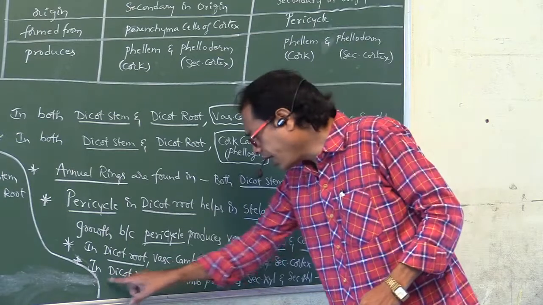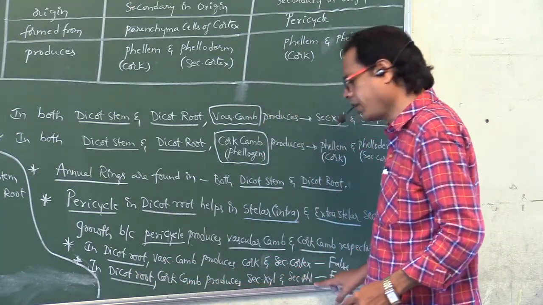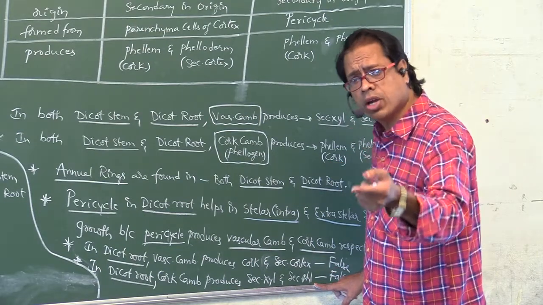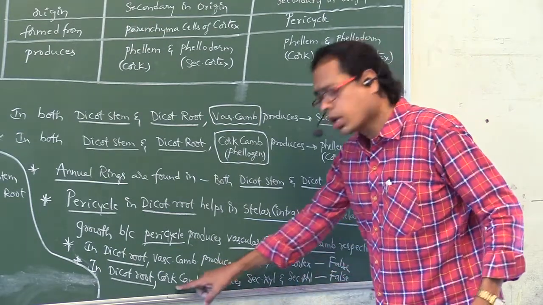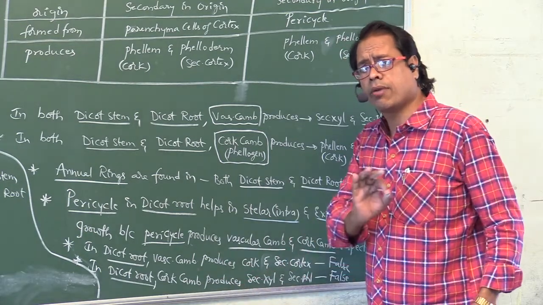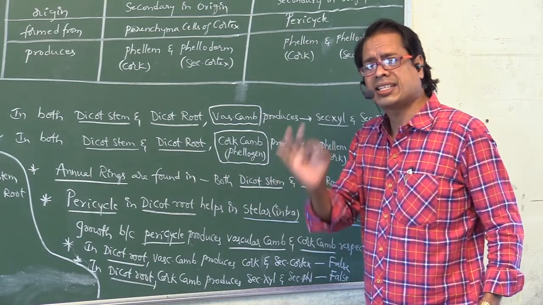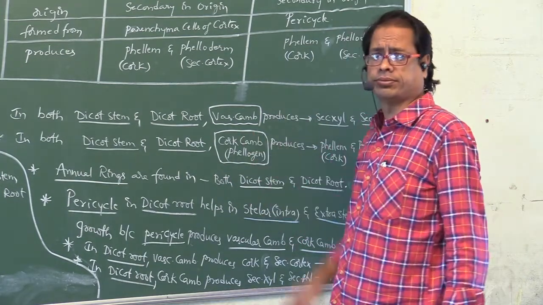Next point: in dicot root, cork cambium produces secondary xylem and secondary phloem. In both dicot stem and dicot root, cork cambium produces phellem and phelloderm. Cork cambium never produces secondary xylem and secondary phloem.